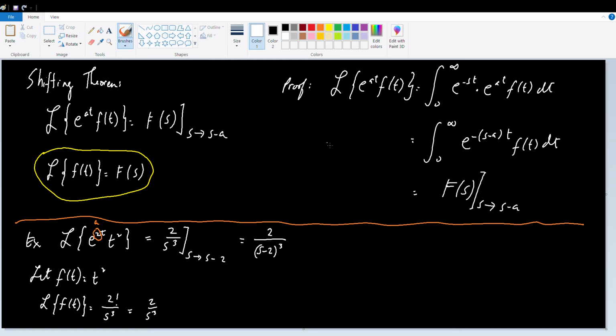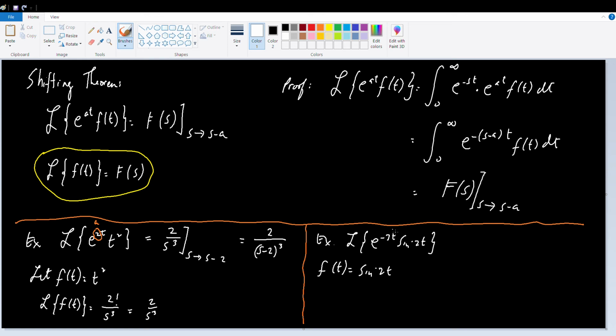Another example: the Laplace transform of e to the negative 3t sine of 2t.